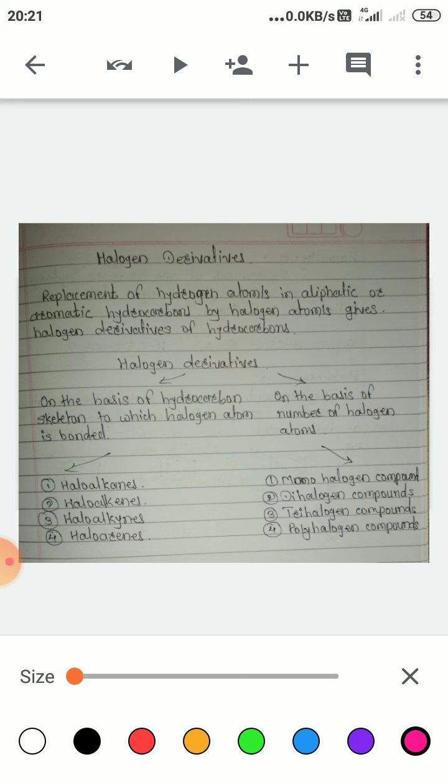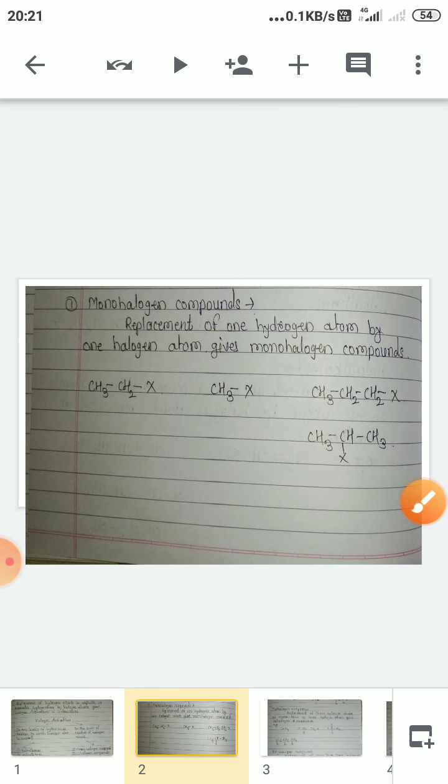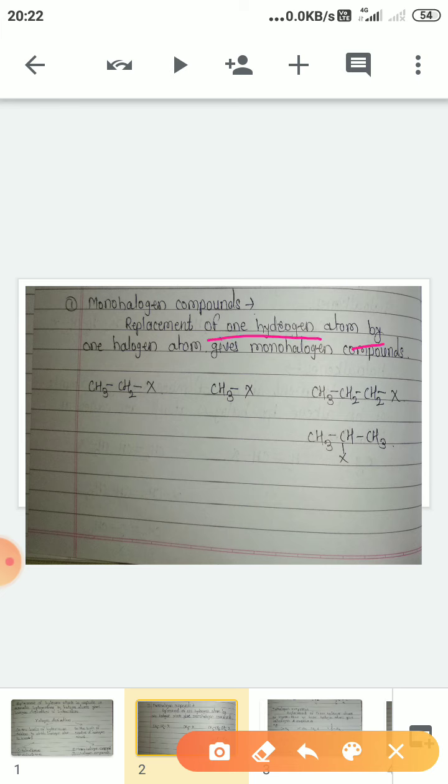Okay, now second, we are going to see definitions. First, monohalogen compounds. Replacement of one hydrogen atom by one halogen atom gives monohalogen compounds.